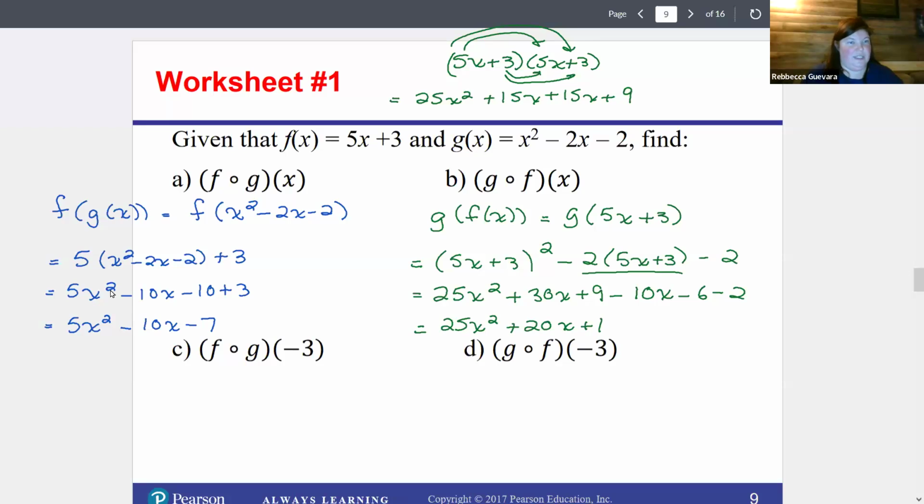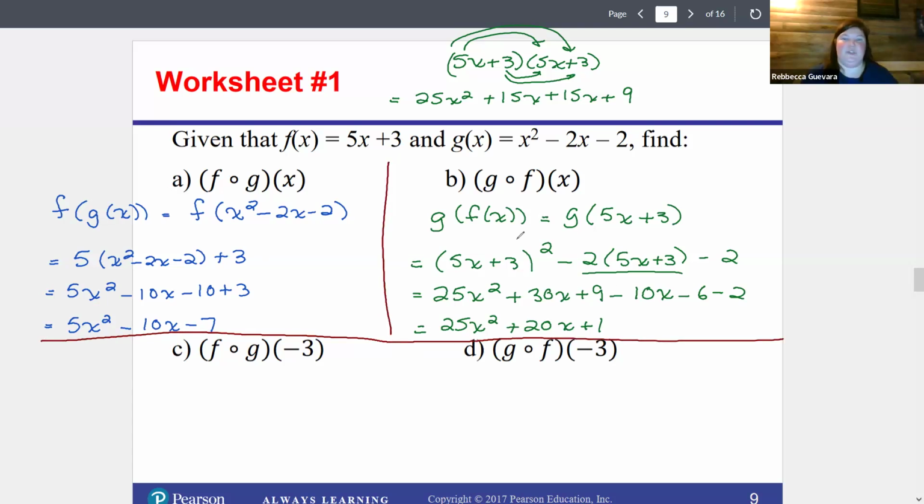All right, so for the last part, like I said, I'm going to do this the long way again. Not necessarily the long way, but pretend we didn't find this. If you use these functions that we made here, that is fine. But just as a reminder, what's inside is the g. So first thing I need is g of negative 3.